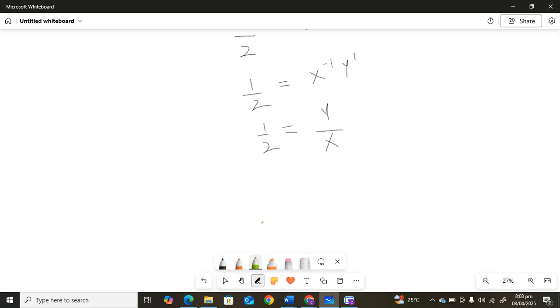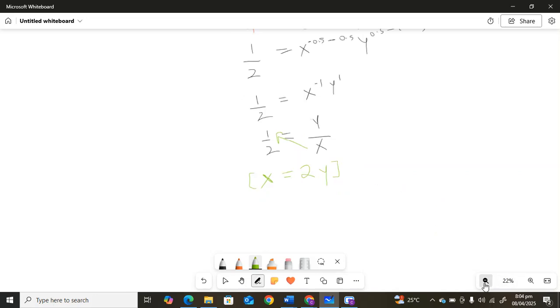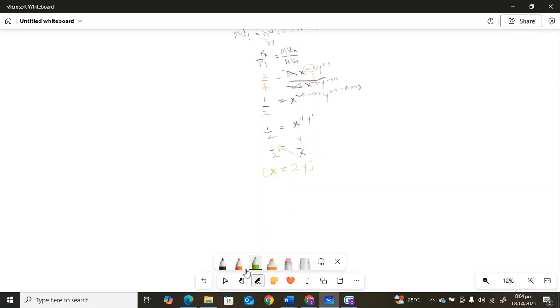So we can cross multiply. X times 1, you get x. Y times 2, 2y. So x equals 2y. This x equals 2y, we're going to substitute into the budget constraint equation.